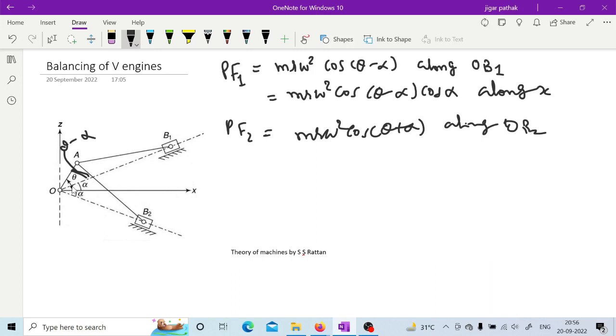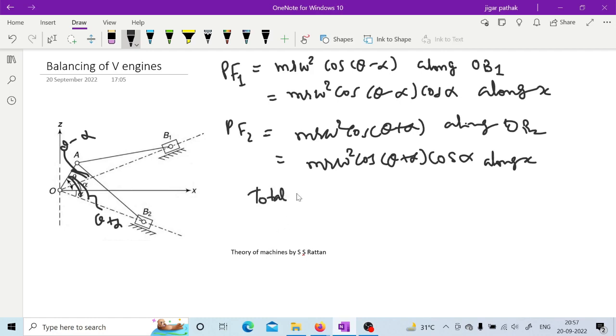Here this angle they are talking about is theta plus alpha, and if you take a component of that along OB1 in the direction of x, then it will be mr omega square cos theta plus alpha cos alpha along x. Once you are done with this, the total component along x direction you can calculate by adding these two and simplifying. You will get 2 mr omega square cos square alpha cos theta.